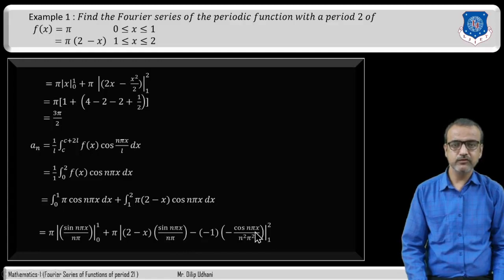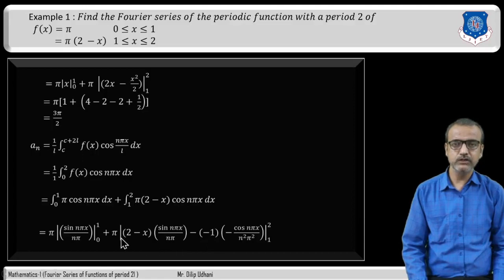And for x equals 2 over here, it will become cos 2 n pi over n square pi square, and the value of cos 2 n pi is 1. Then for lower limit 1, this term sin n pi will become 0, and for this term it will become cos n pi, and the value of cos n pi is minus 1 raised to n.